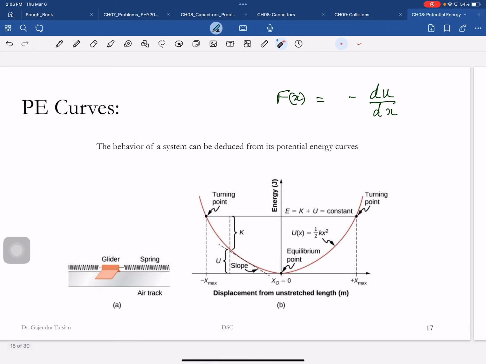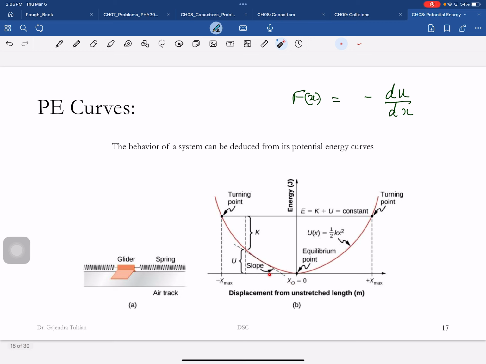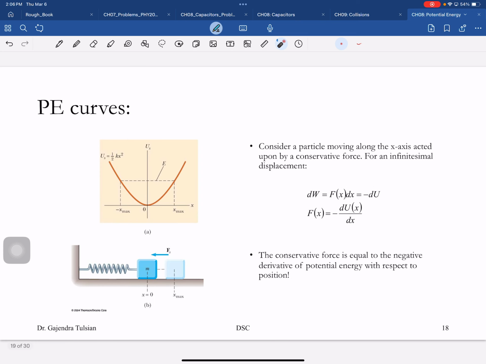So you see that local minima of the potential energy curve are equilibrium points. So the conservative force is given by the negative of the spatial derivative of the potential energy curve. The conservative force is equal to the negative derivative of the potential energy with respect to position.